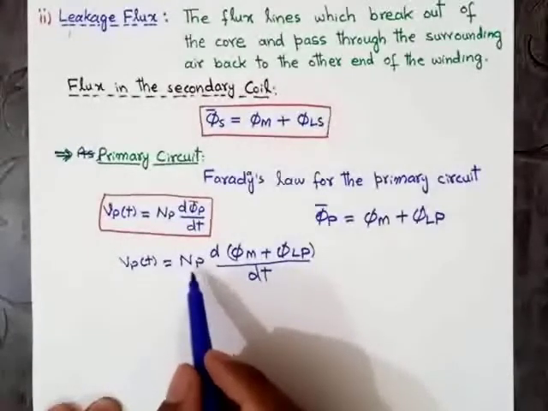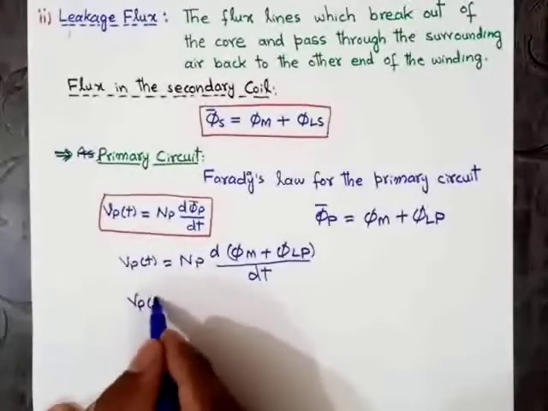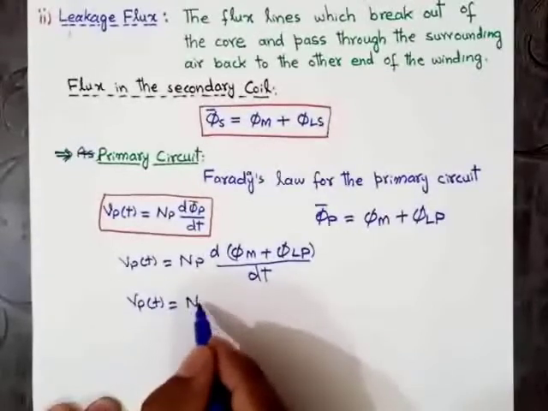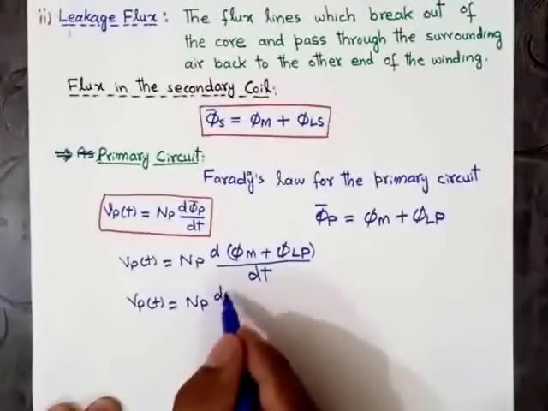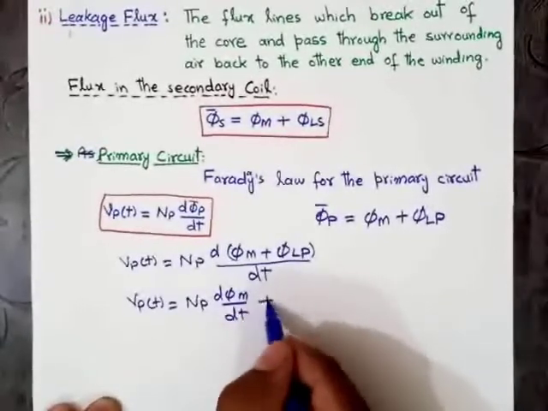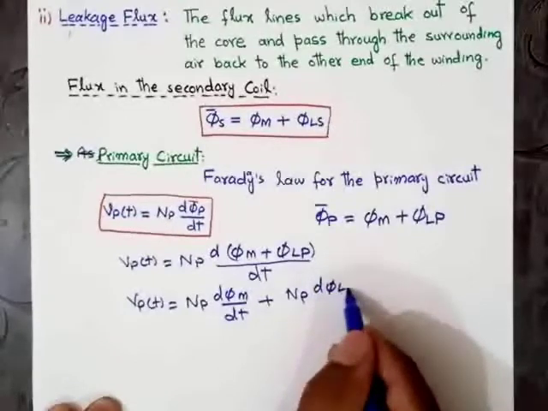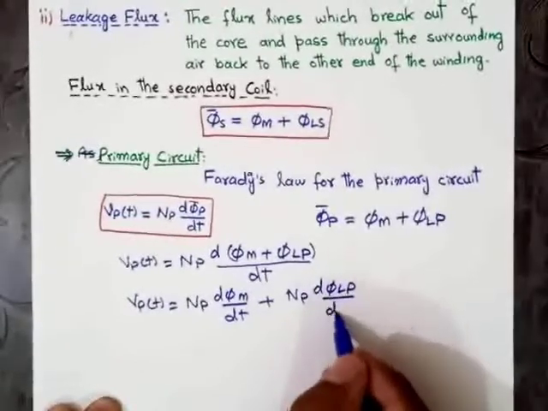After multiplying with Np, we get Vp(t) is equal to Np d phi m over dt plus Np d phi Lp over dt.